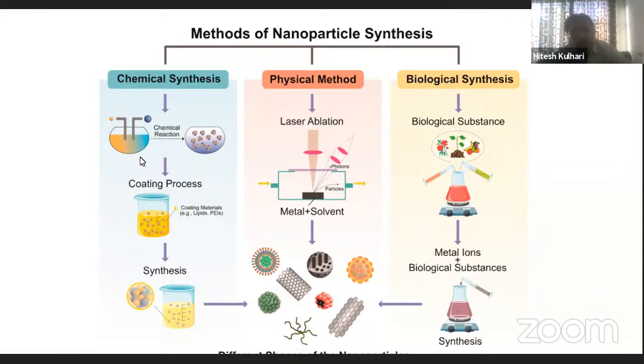If you want to synthesize a gold nanoparticle, converting Au +4 into Au 0, you will use a reducing agent like sodium borohydride, which converts the Au +4 into Au 0, and it will form the particle. In the biological approach, we use reducing agents taken from plant sources or fungi. Some microorganisms also give reducing agents. Those can be used as the reducing agent to form the nanoparticles.